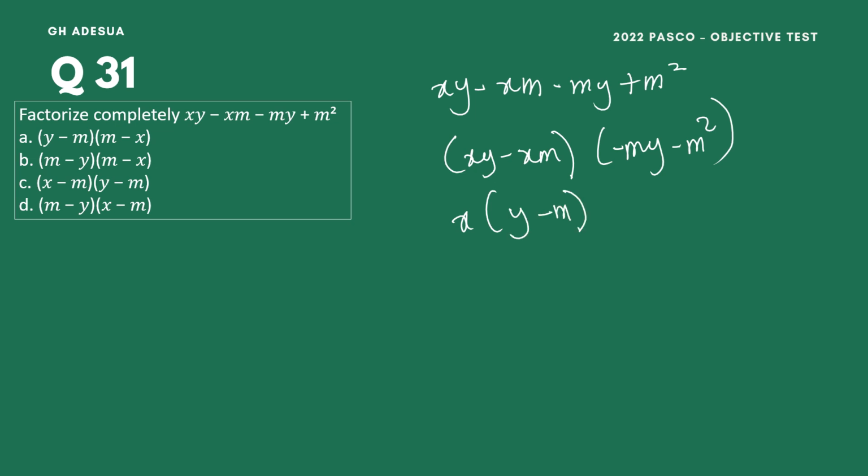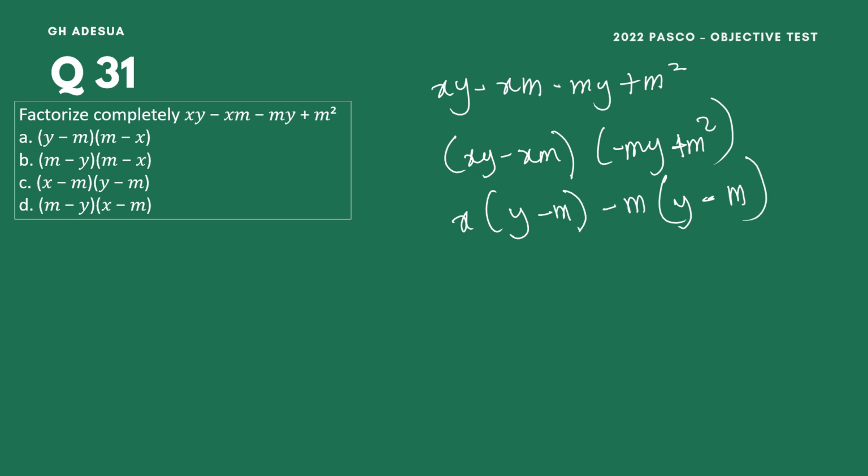In the second bracket, we have m repeated itself. So we are going to factor out minus m, where minus m goes into itself once, same thing y. Then a negative m into positive m squared, since it's double, the remaining becomes negative m.